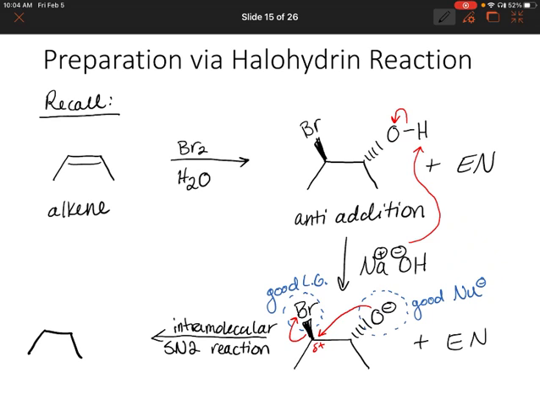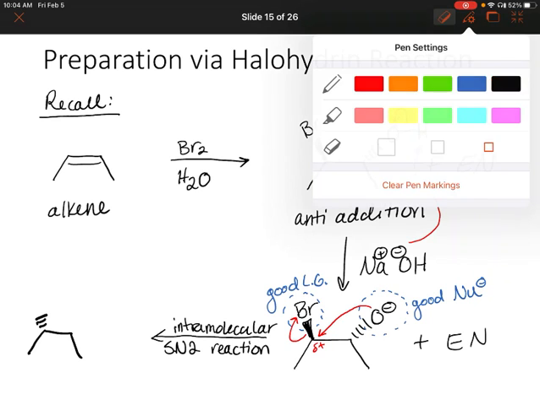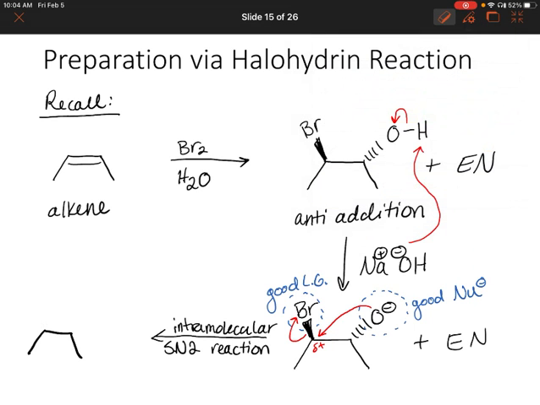So what you end up with is, I meant to draw that at more of an angle. You end up with your epoxide, and because oxygen was behind the plane of the paper, we're going to show the epoxide as being behind the plane of the paper. And you still have that enantiomer as well, plus a bromide ion at the end.